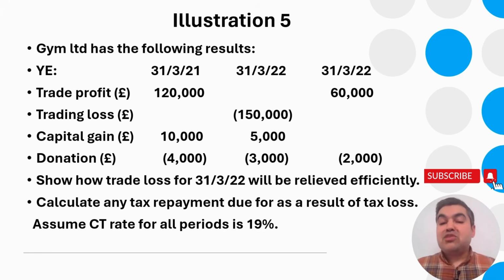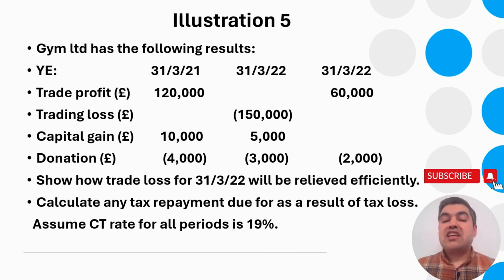For 31st March 2022, there was a trade loss of 150,000. For 31st March 2021, you can see there's a capital gain and there's a charitable donation. There's also a capital gain of 5,000 for 31st March 2022. There's a charitable donation as well, 2,000 worth of charitable donation for 31st March 2022.